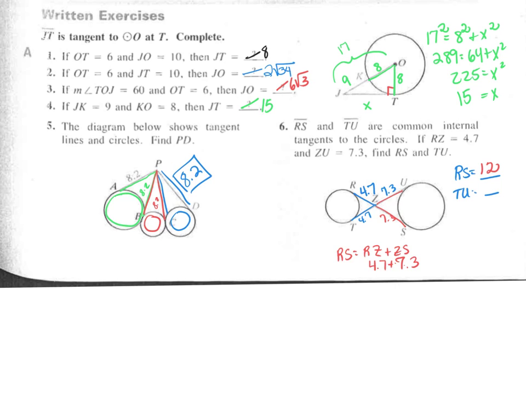And then I've got to add those same two numbers to get TU. TU is TZ plus ZU. So that's going to give me 4.7 plus 7.3. That's another 12. Okay, a good little review here for what we've learned.